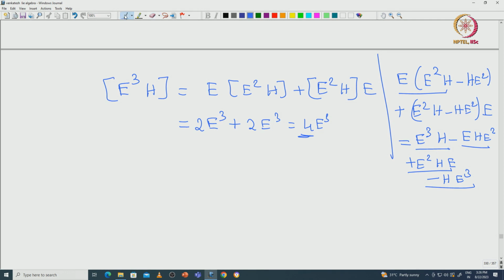So I am trying to compute what is happening here.